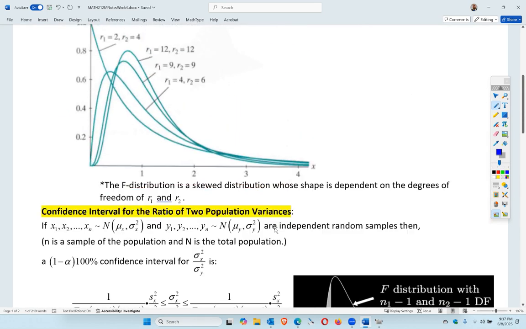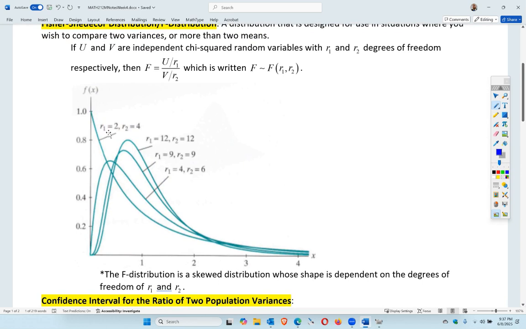So the F distribution is going to change. The chi and the F are both asymmetric, or non-symmetric, distributions, where the Z and the T are the symmetric distributions. The chi varies because of a single degree of freedom.